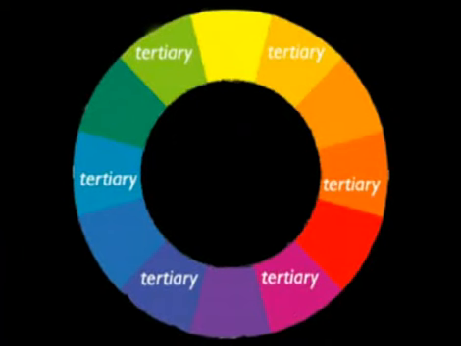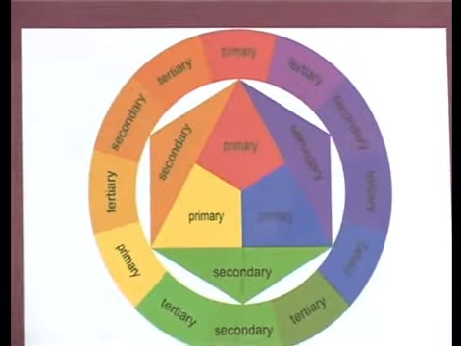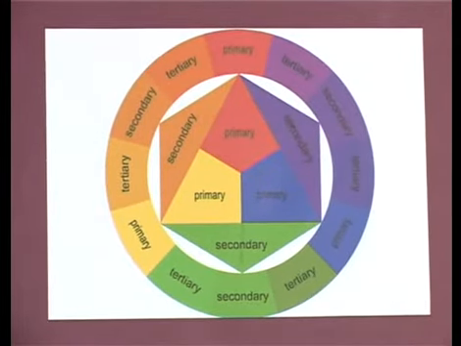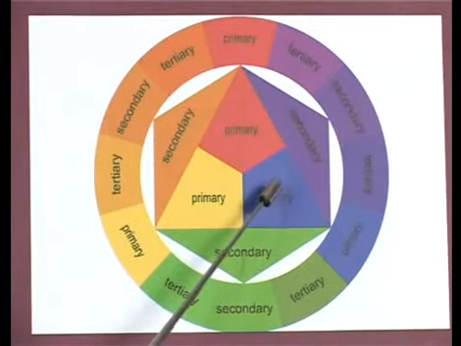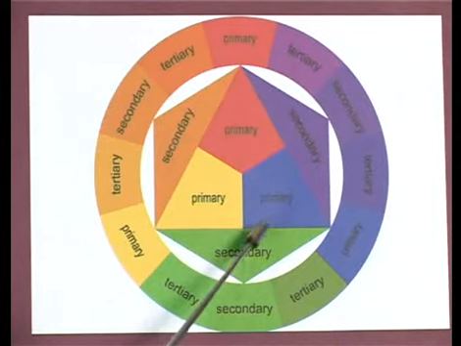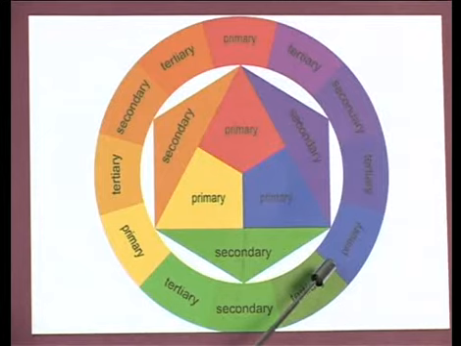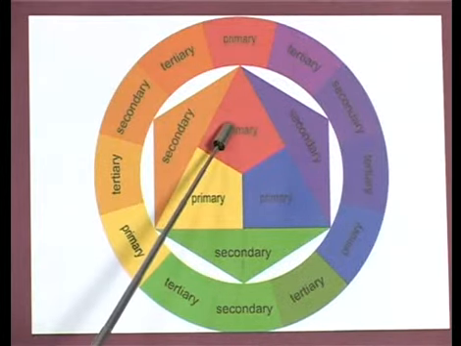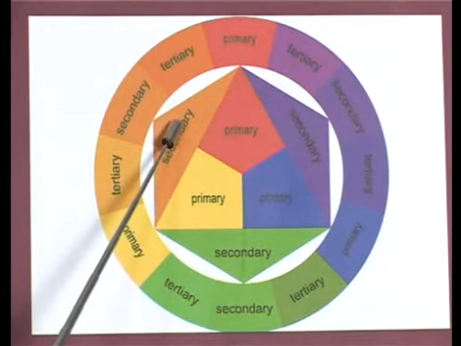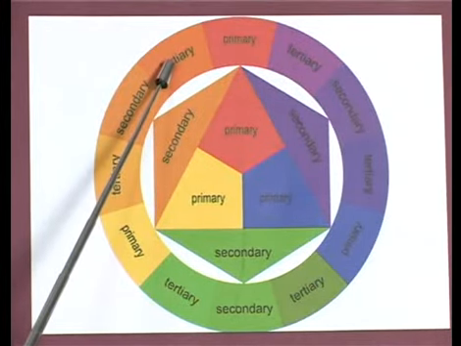The intermediate steps between the 6 basic hues are called tertiary colors. Like between blue and green is called blue-green. Between red and orange is called red-orange.